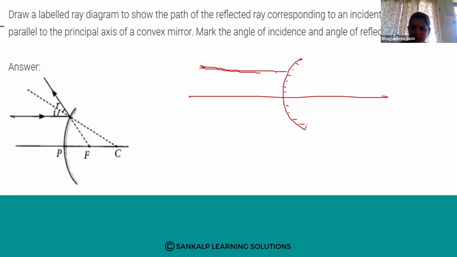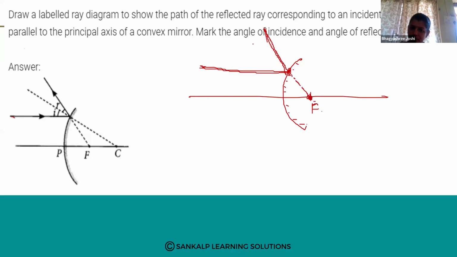Okay, when it is parallel to the principal axis and it is a convex mirror, after reflection, when it touches the convex mirror, here reflection occurs. After reflection, where the light will go? In this direction it will travel. Okay, so ಅದೇನಾಗುತ್ತೆ ಈ ತರ ಹೋಗುತ್ತೆ. ಈ ತರ ಹೋದಾಗ, so when you drag this line, you will get principal focus at this point. Okay, at this point.